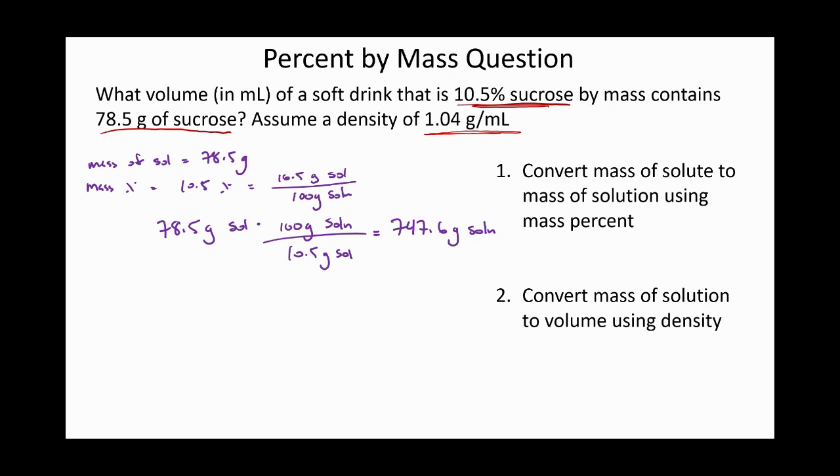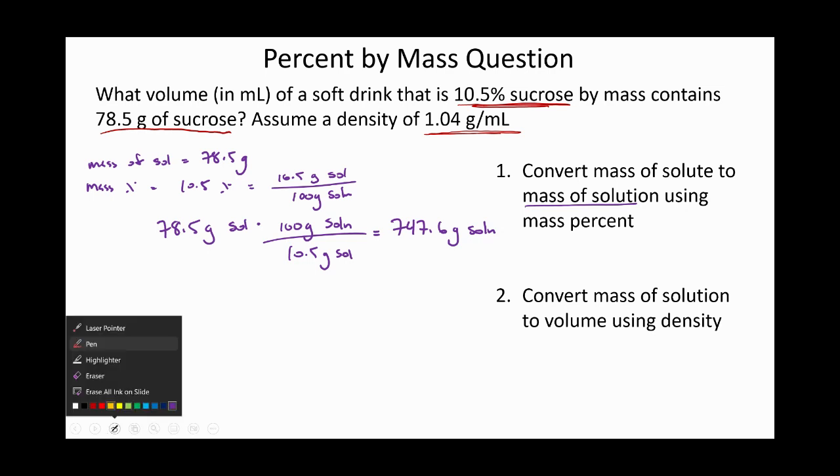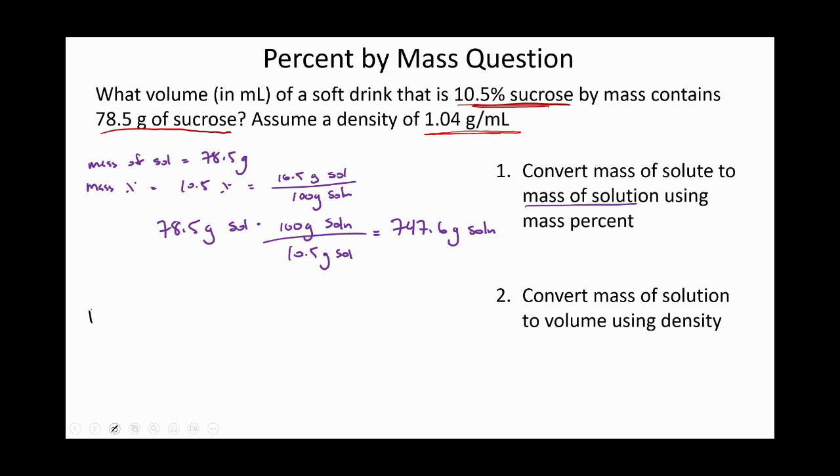Now that we have our mass of solution right here, we're going to convert that into volume using density. We know that our density is equal to 1.04 grams per mL, and I have 747.6 grams of solution.